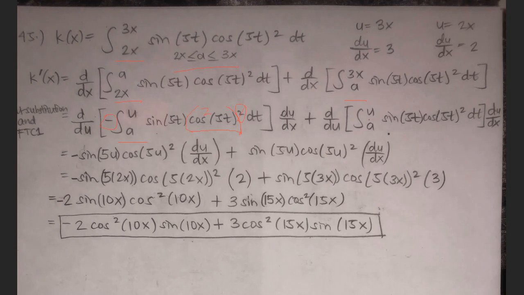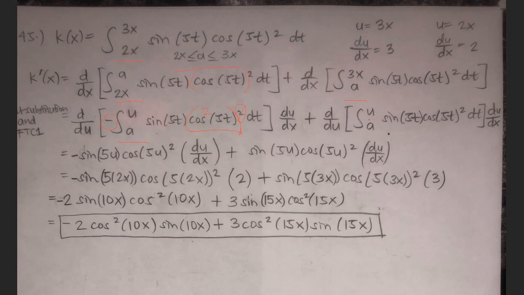Otherwise, this seems like 5t squared, it only squares this part. So if we want to write it that way, we put a parenthesis around. Oh, I see. Right, the question should have a typo.